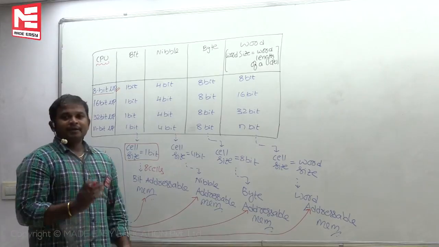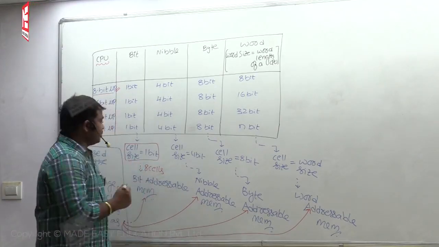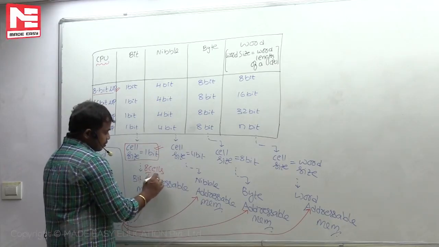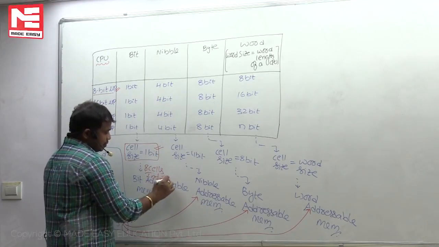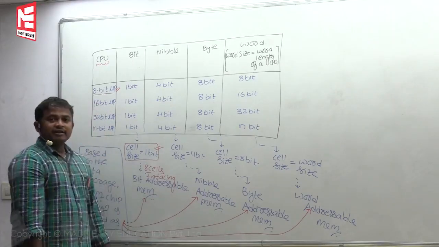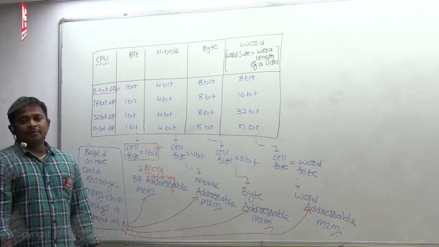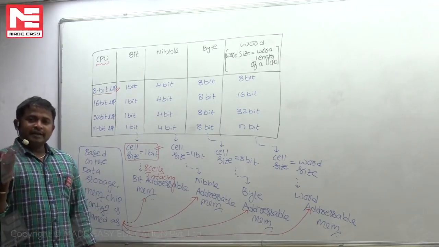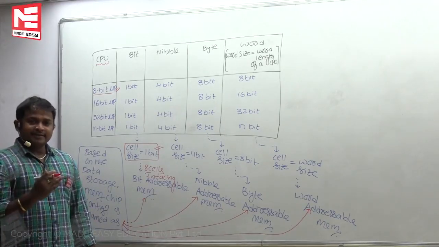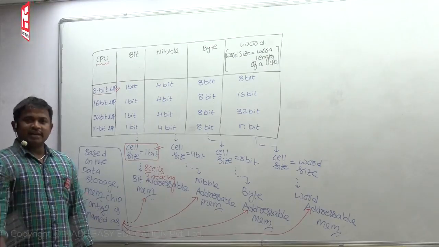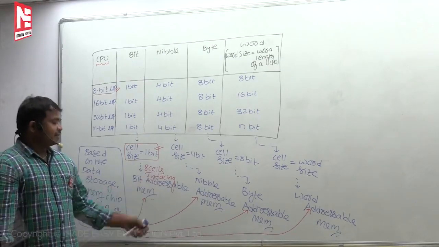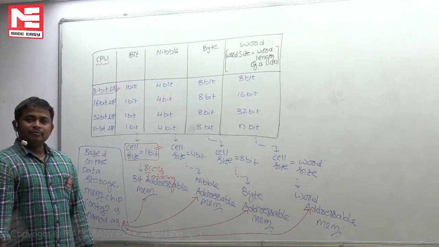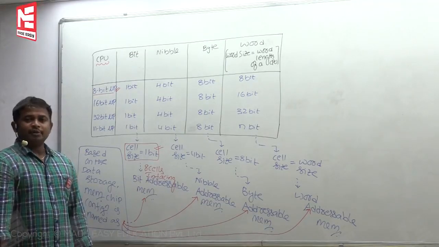So in this way, in the memory data is stored bitwise, and with the help of interfacing, data is transferred to CPU in the form of word. Okay. So in the memory data is a bit, in the CPU data is a word, both are synchronized with the help of interfacing. Suppose in the market, we have a nibble addressable memory.